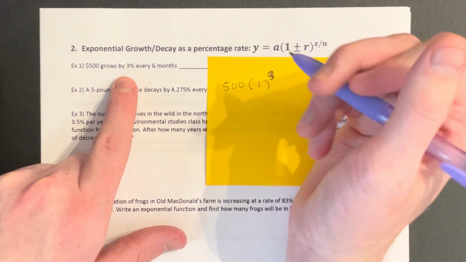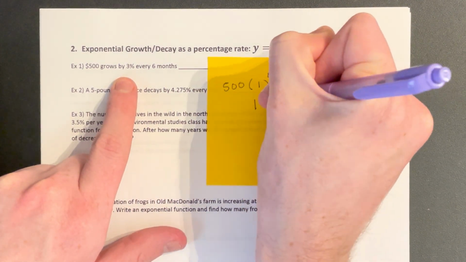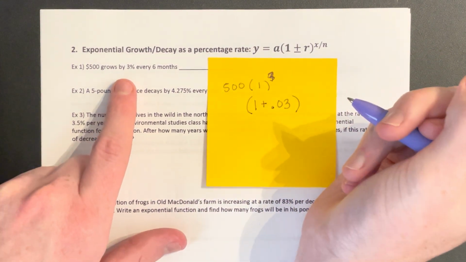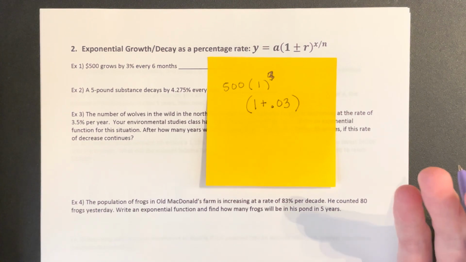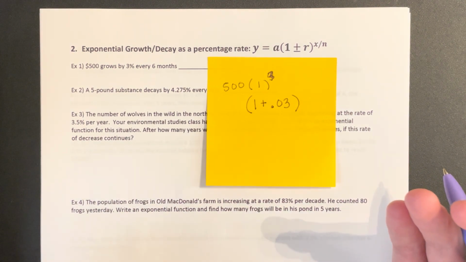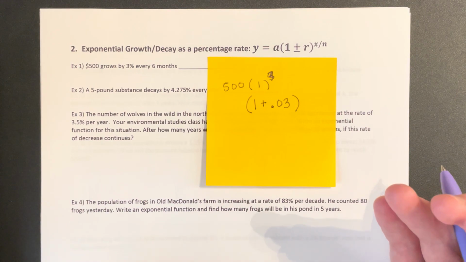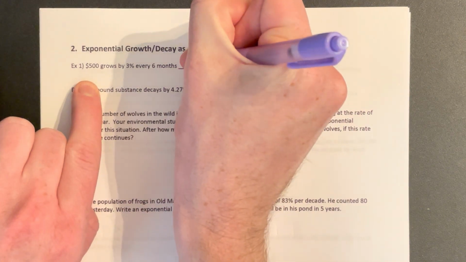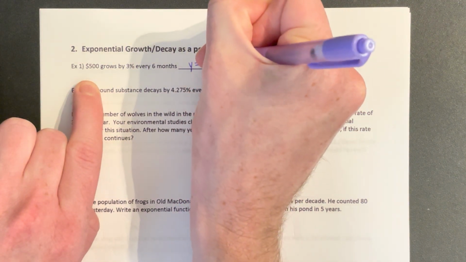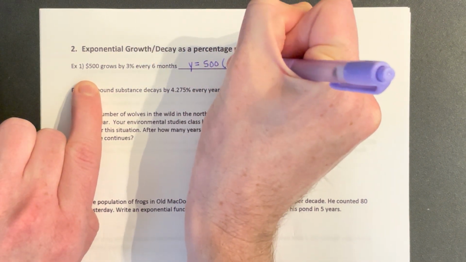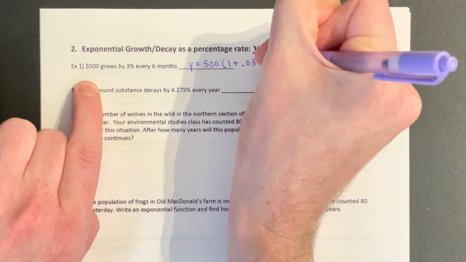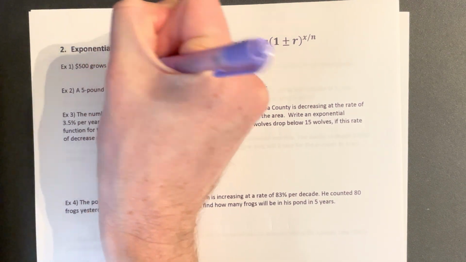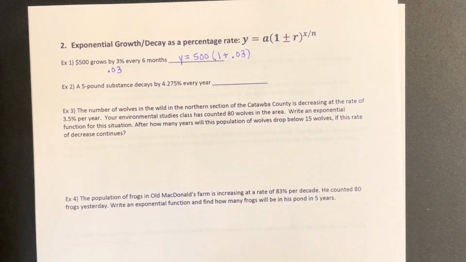But if it grows by 3%, and I do 1 plus my rate, which is 0.03, now it's gaining some percentage and it's going to grow. If we wanted to make it decay, we would subtract the rate from 1. And so this would show a rule as y equals 500 times 1 plus my rate, 0.03. 0.03 is the decimal form of a percentage. You just move that decimal back 2 places.